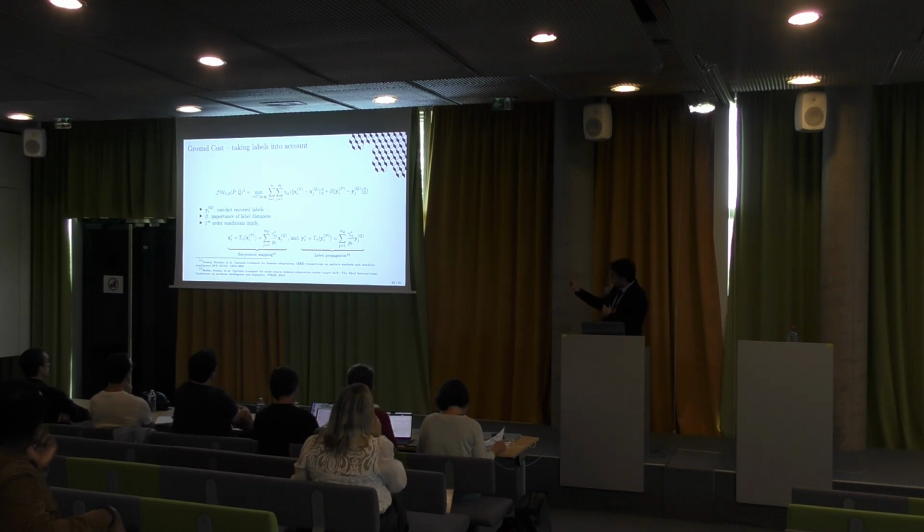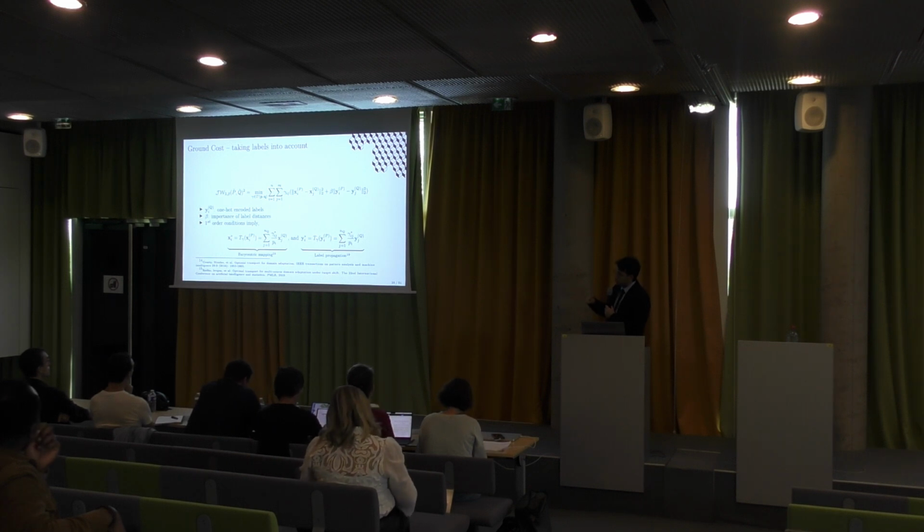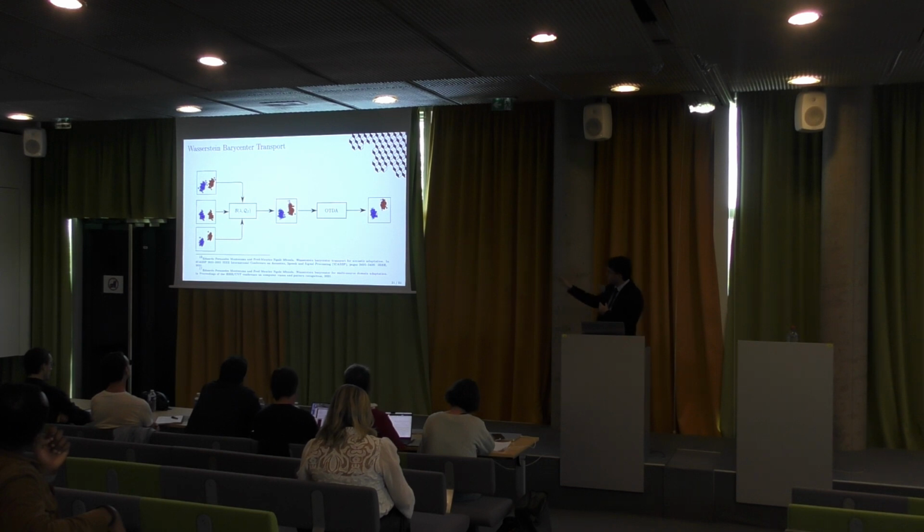Now, we added this term, and this defines a metric on the joint space of features and labels. And now we can begin computing barycenters of label distributions. So this is what's shown here. You have your multiple sources on the far left. You compute the joint Wasserstein Barycenter, that is joint between features and labels.